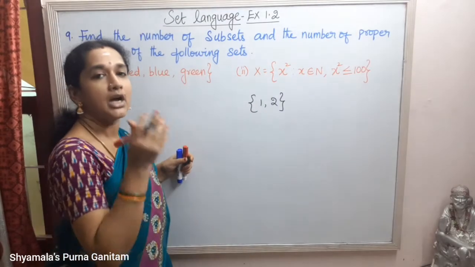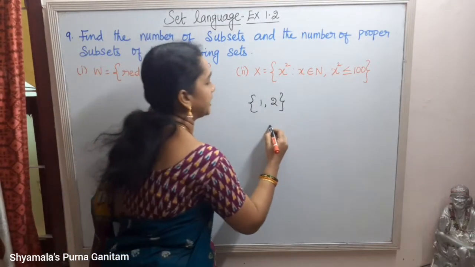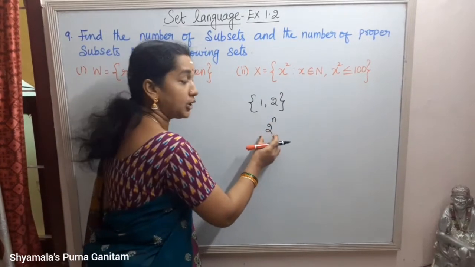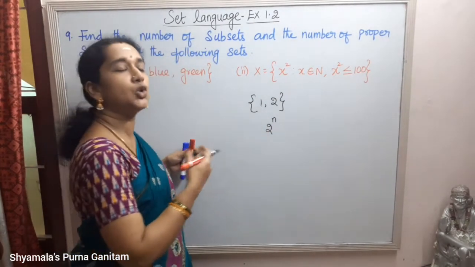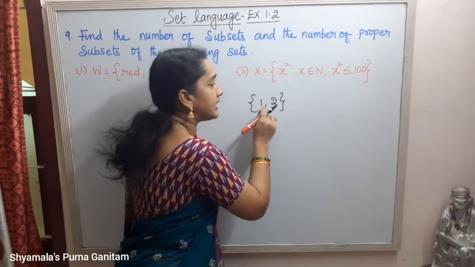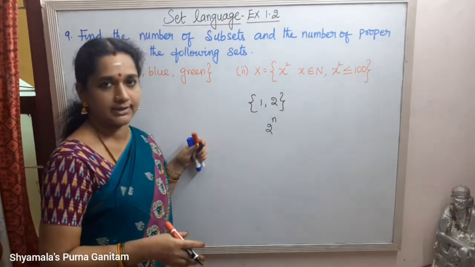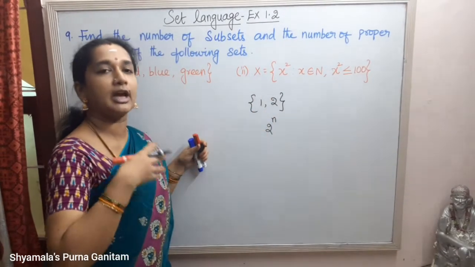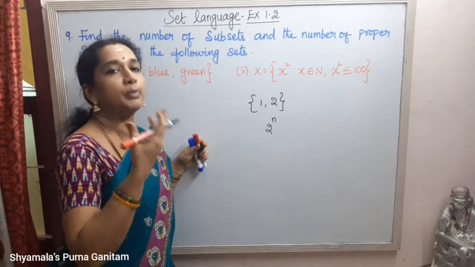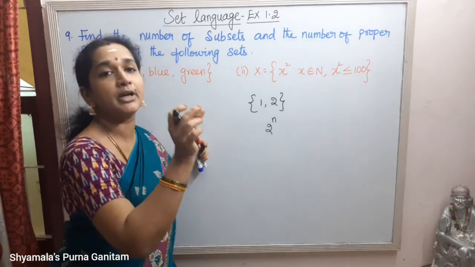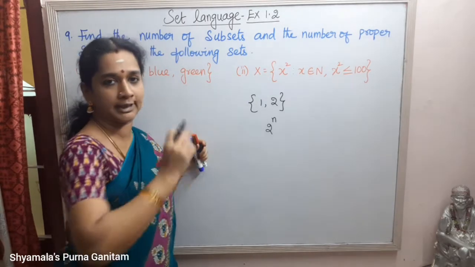To calculate this we have a formula, that is 2 power n. 2 is the base, that is standard, and n is the number of elements of the particular set. If you have 4 elements, you write 2 power 4. If you have 5 elements, you write 2 power 5. If you write like that, you can calculate the number of subsets for that particular set.